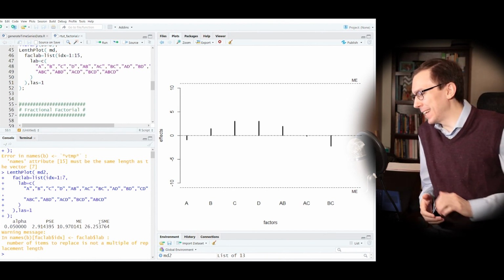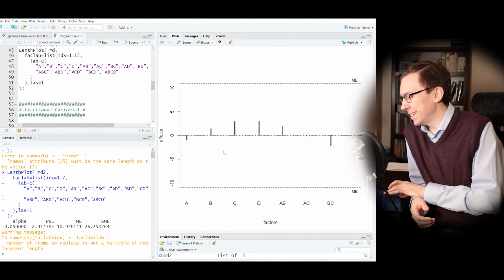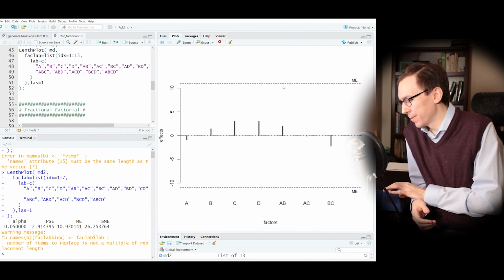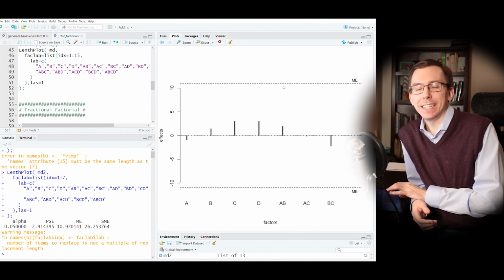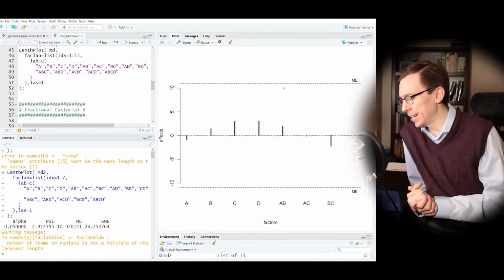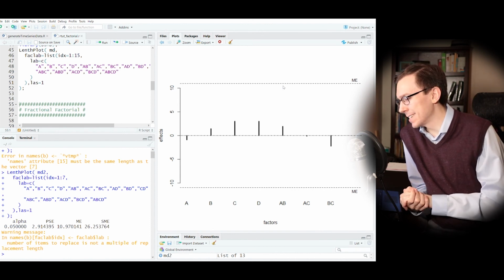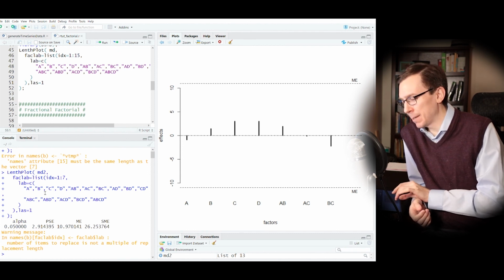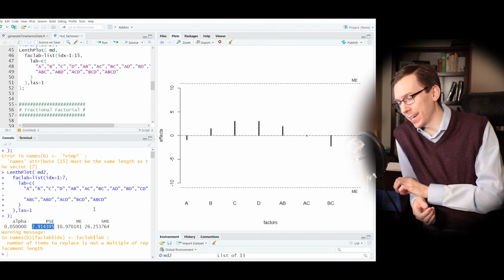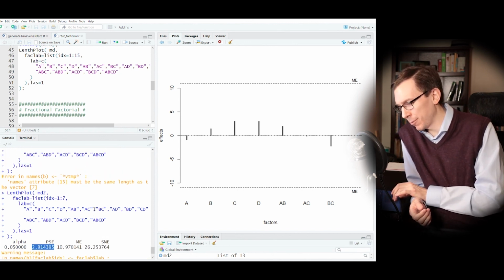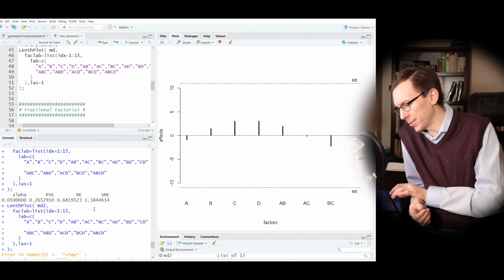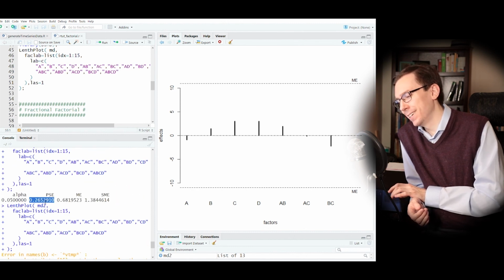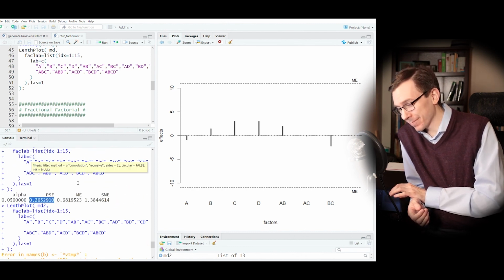The problem with the lenth plot is that even the marginal error rate here, the individual error rate that does not account for multiple testing, is still way above any of our estimated points here. The problem is our pseudo standard error is quite large now. Note that the pseudo standard error is now 2.9, whereas last time it was 0.26.